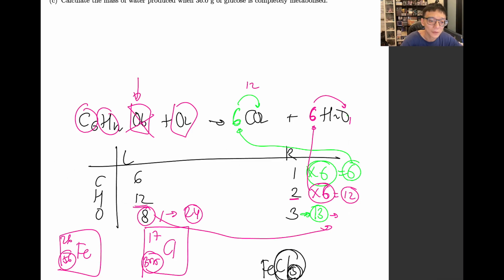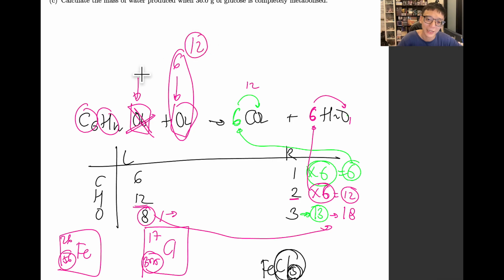So it's not 24, but it's 18 actually. Therefore, here we just need 12 more. Assuming that we don't want to change this 6, we need to add just 6 more. So let's just multiply this with 6. Because if we multiply this with 6, we will have 12, and then we have 6 oxygen, meaning that we have 18 in total, right?